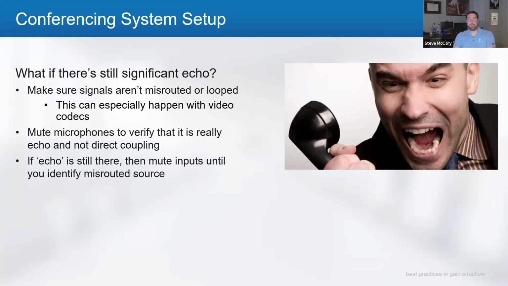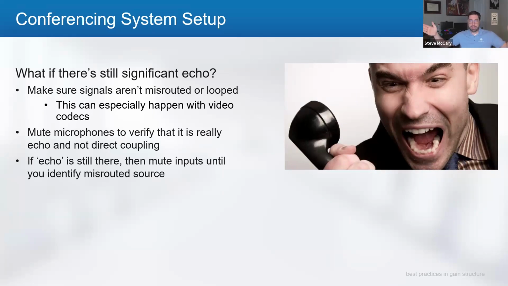What if there is still significant echo? Check your routing and then check it again, because 99 times out of 100, something is getting misrouted. Mute your microphones. Make sure that it really is echo that you're getting.